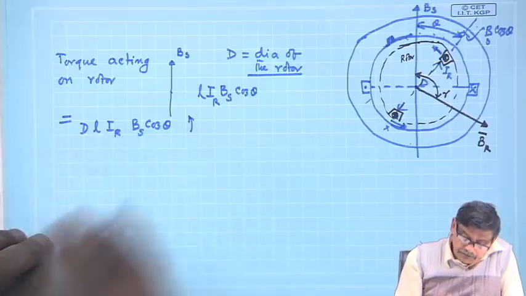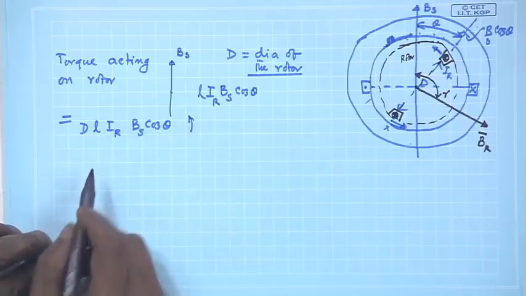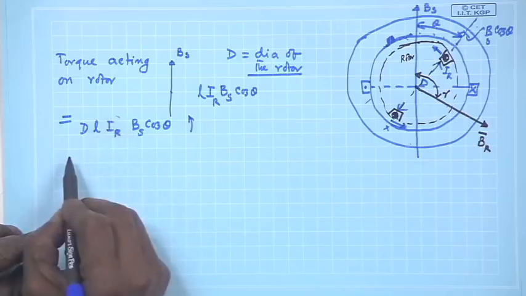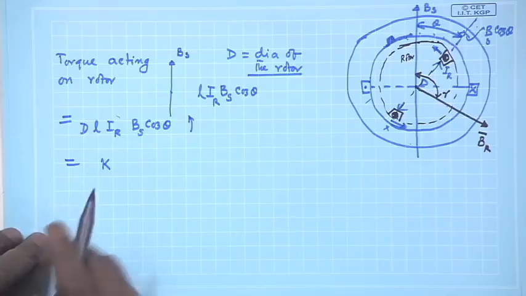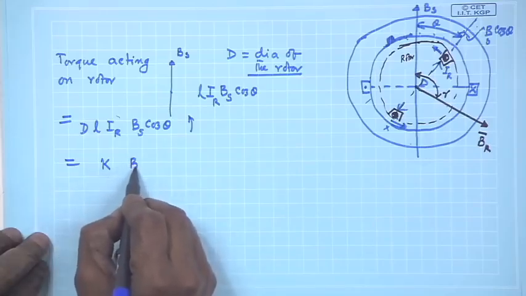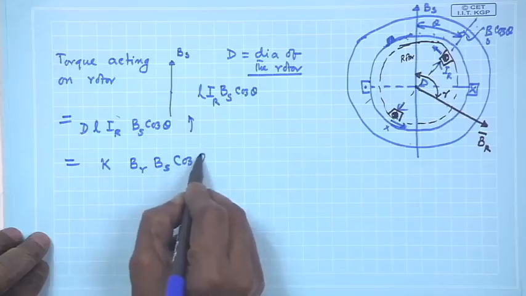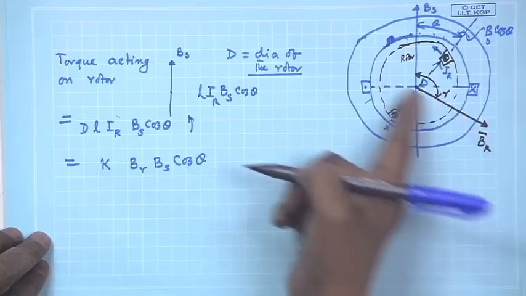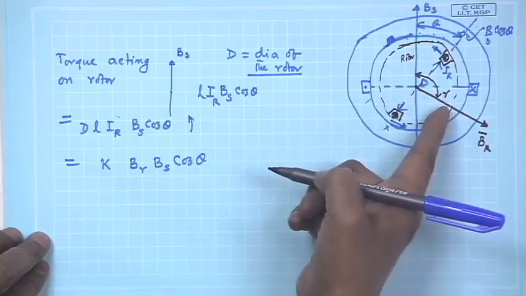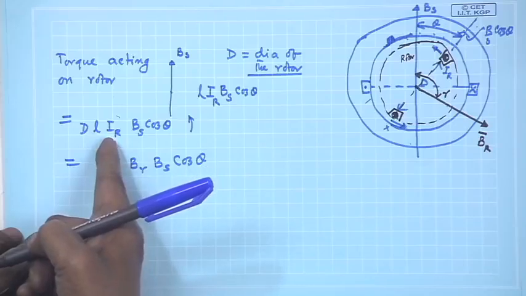So, this is the force. Now, you see this IR can be written as some constant k into BR into BS into cos theta, because I know the fundamental component of BR, its peak value, is directly related with IR, is it not.